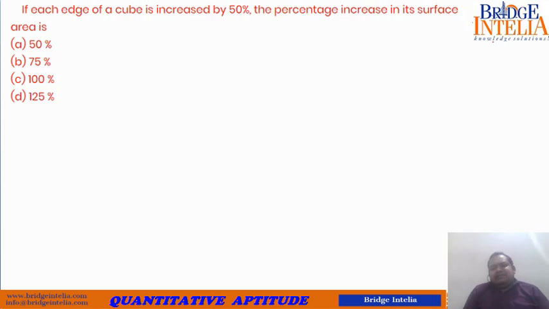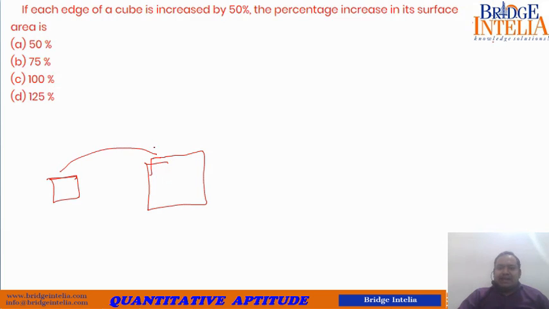If each edge of a cube is increased by 50%, the percentage increase in its surface area. Now you see, I have already taught the concept of scaling in geometrical figures. For example, if two cubes are kept here, and suppose this cube has been scaled up by 3 times.